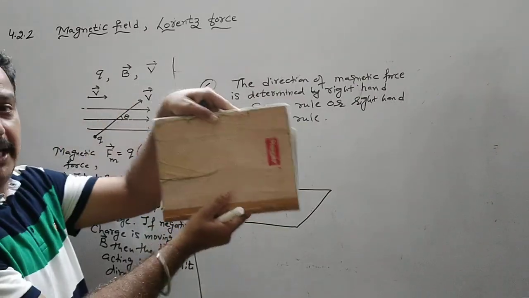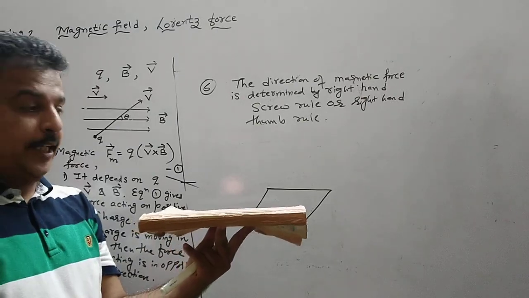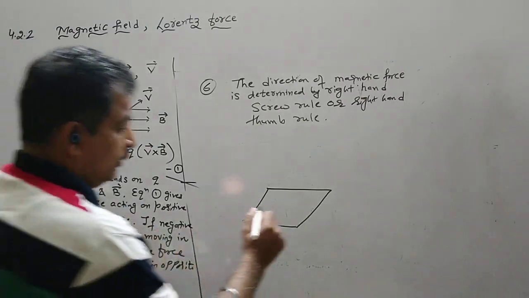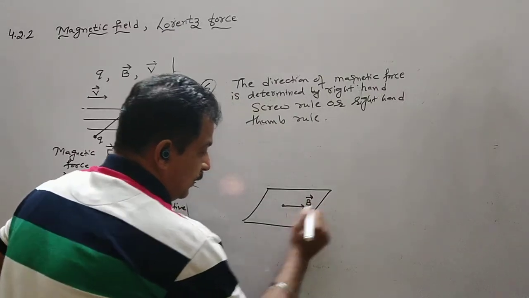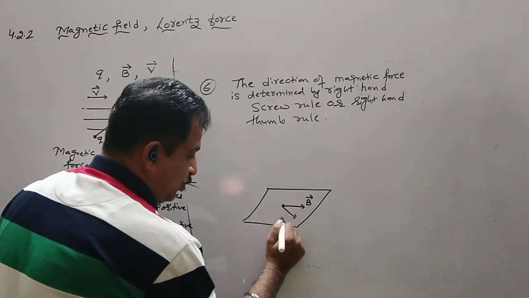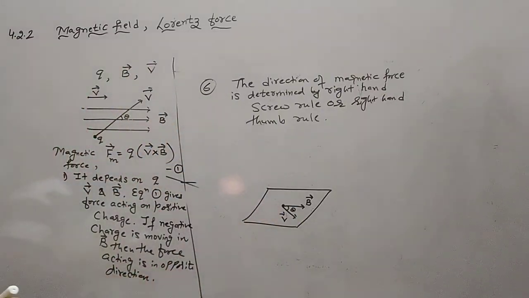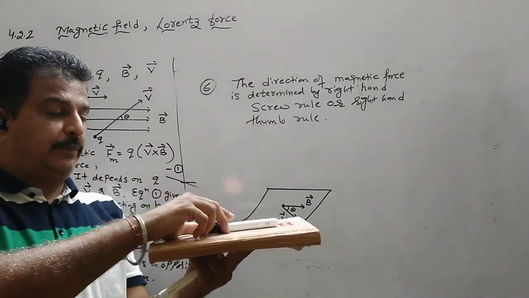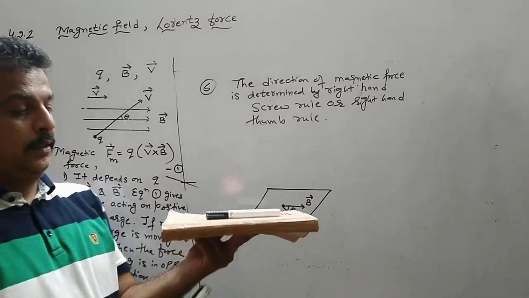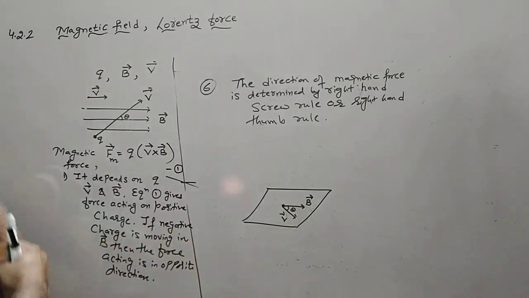Now this plane is taken like this. Again, the magnetic field is taken along the x-axis, and this is your V vector. This is your angle theta. So this is my plane, this is my B vector, and now the diagram is like this.